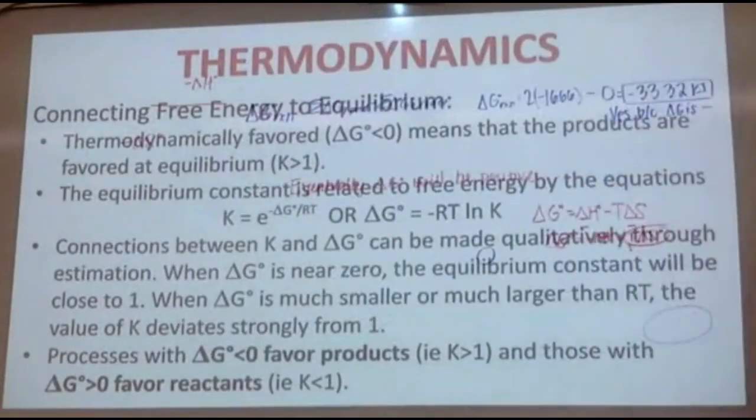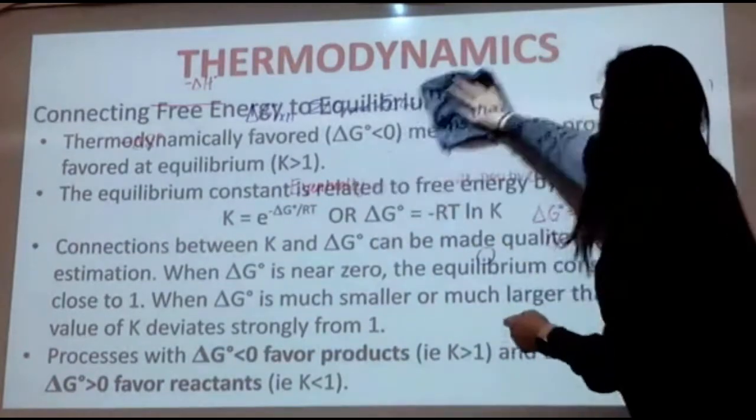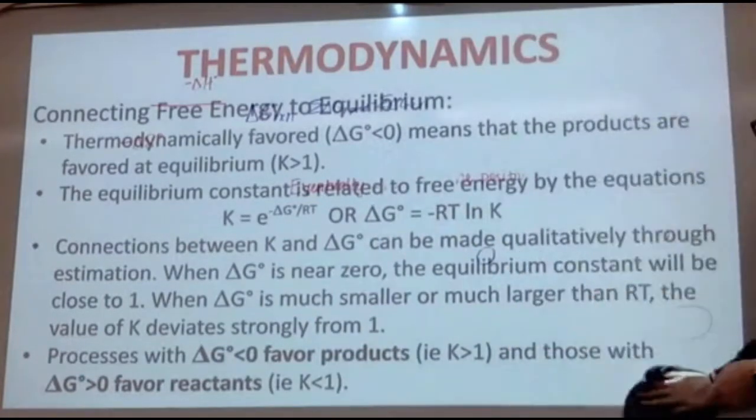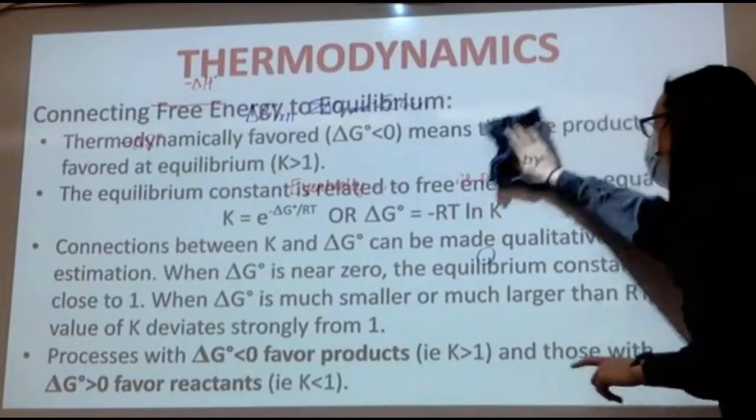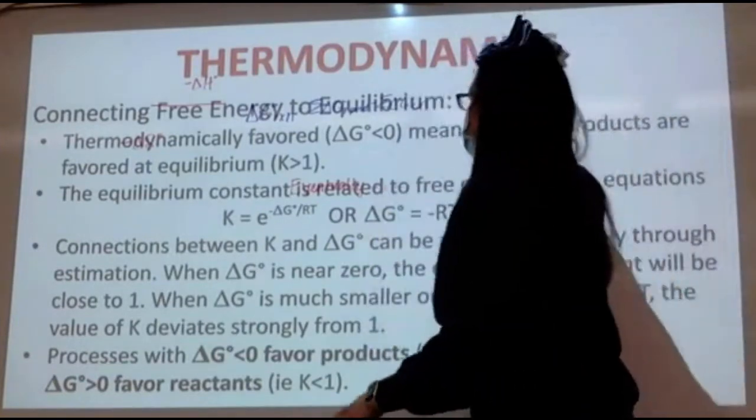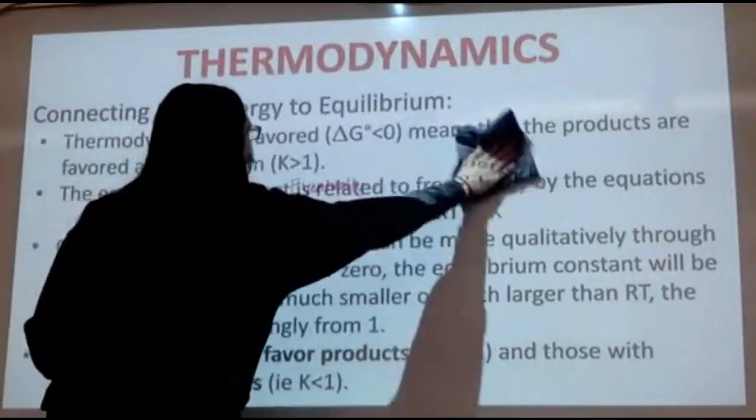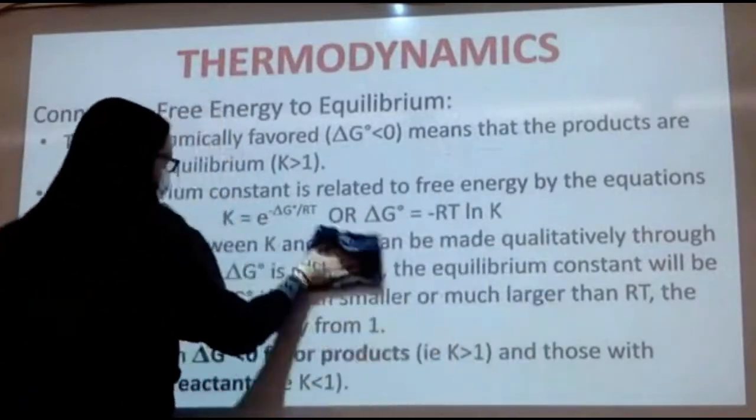There weren't very many questions on the video, but I do want to just cover some of the key concepts and talk just for a second about what is not tested anymore. So connecting free energy, which is delta G, to equilibrium.